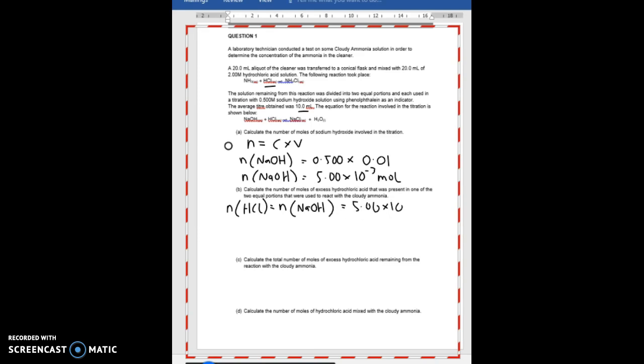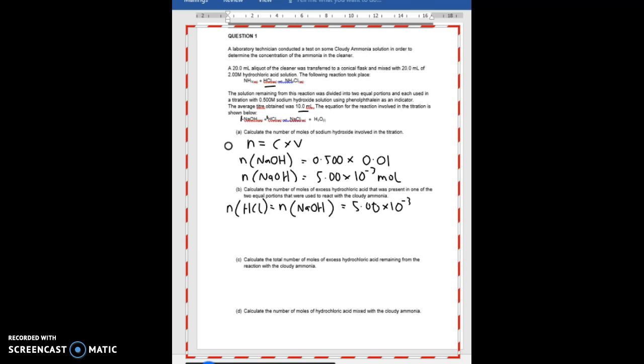That's purely because we've got the same amount of moles in that reaction. So here we've got 1 mole and 1 mole. So HCl, that's our number 4, excess, so that's the excess amount of hydrochloric acid that was present after the reaction.